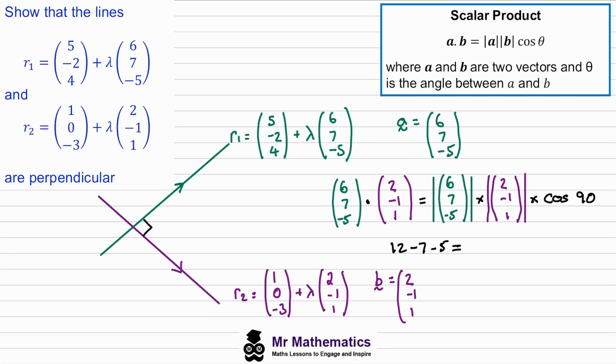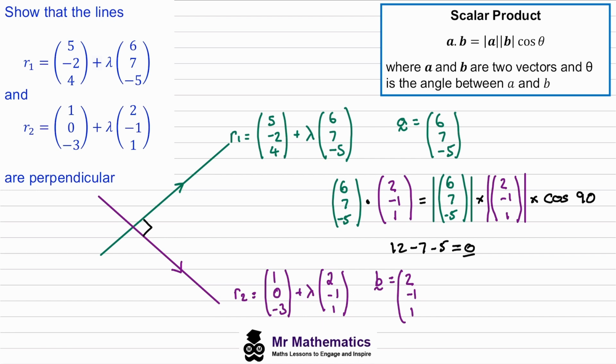And you can see that this does equal 0. So because we dot the two vectors together and we get 0, that means that this must be 90 degrees, because the cos of 90 is 0. Okay? So that's one of the ways you can show that two lines are perpendicular.